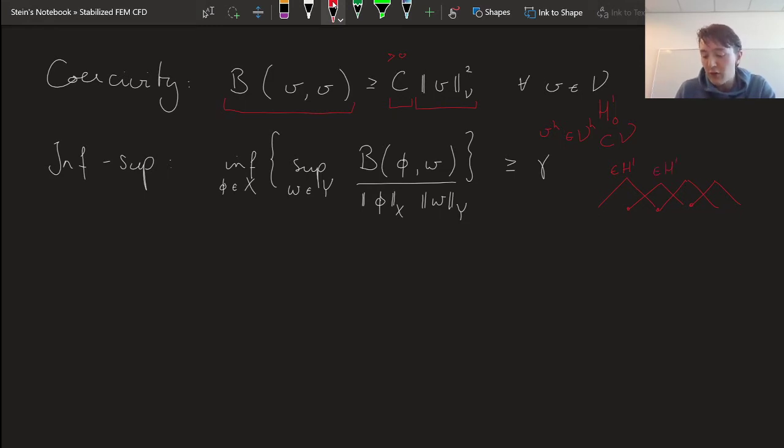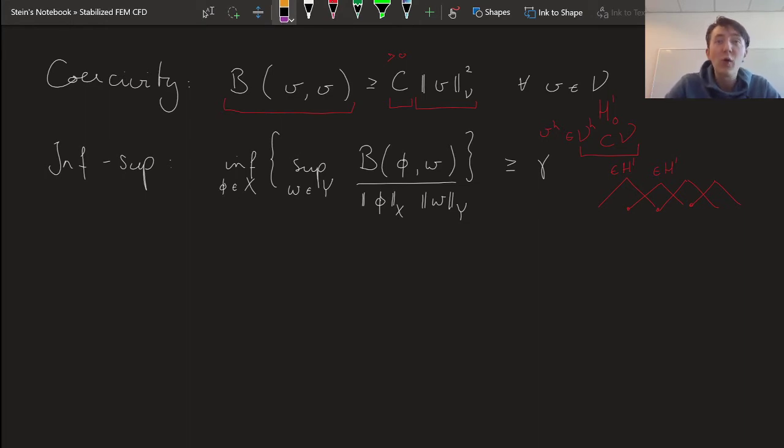So the function space that I'm creating by taking any linear combination of these basis functions is a subspace of V, a subspace of H1, which means that if this coercivity condition holds for all functions in H1, well, then it's also going to hold for all functions in our finite element function space or finite element approximation space.